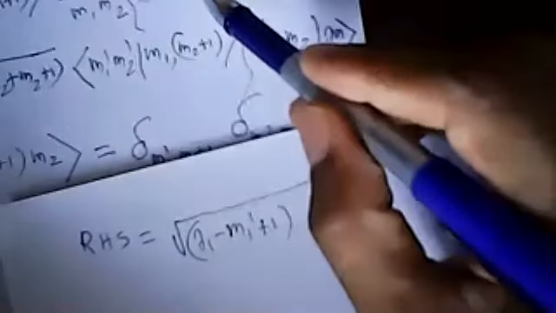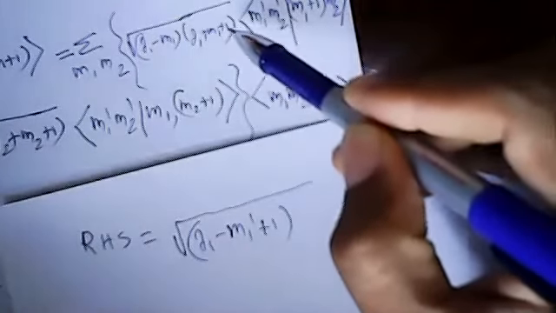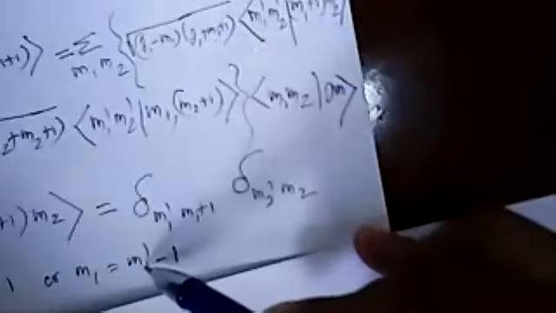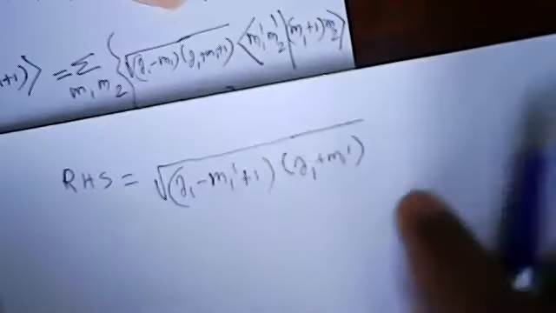Then the next term, j1 plus m1 plus 1. See, j1 plus m1 plus 1. So m1 is m1 dash minus 1. So minus 1 plus 1 cancels. What happens is j1 plus m1 dash. Is that clear?